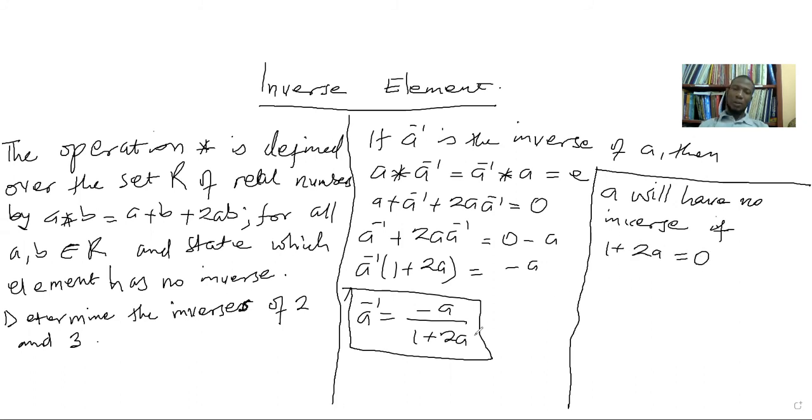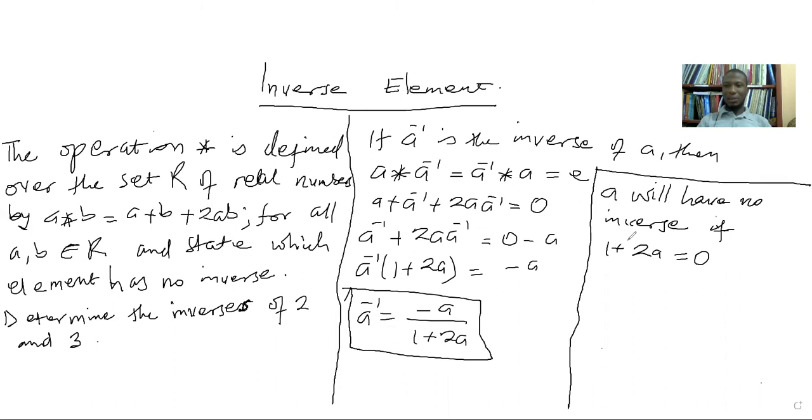So A will have no inverse if the denominator is equal to 0, because then A inverse is undefined. So for any number A that will make A inverse undefined, that is the number that has no inverse. A will have no inverse if 1 plus 2A, which is the denominator here, is equal to 0, because that is what will make A inverse undefined.